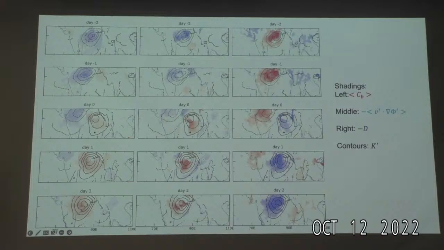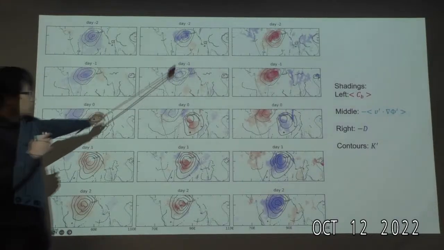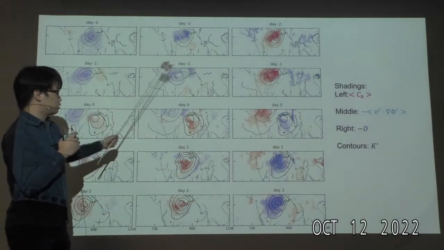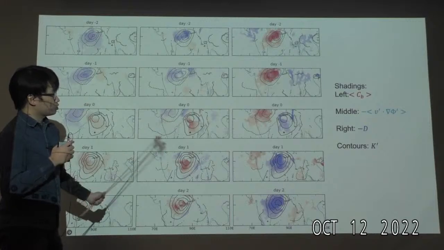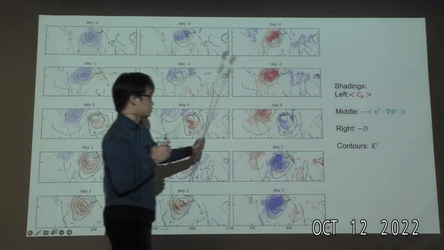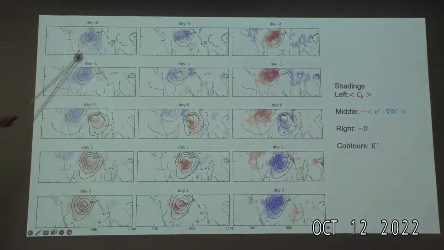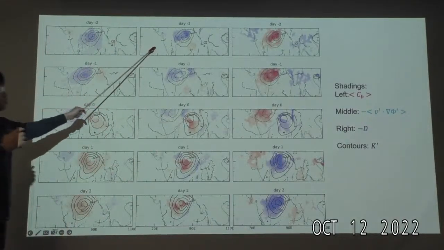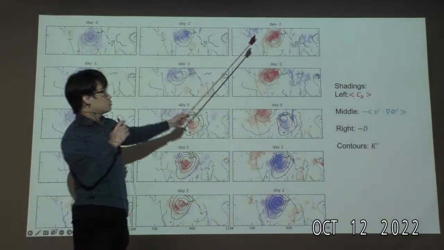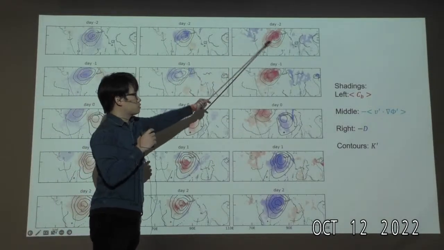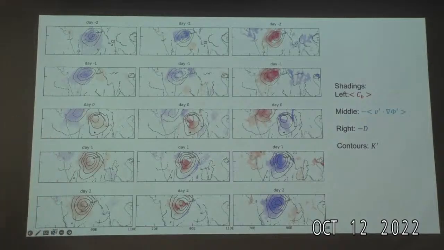The panel on the left is showing the barotropic term, the panel in the middle is showing the potential energy conversion, and the panel on the right-hand side is showing the dissipation.